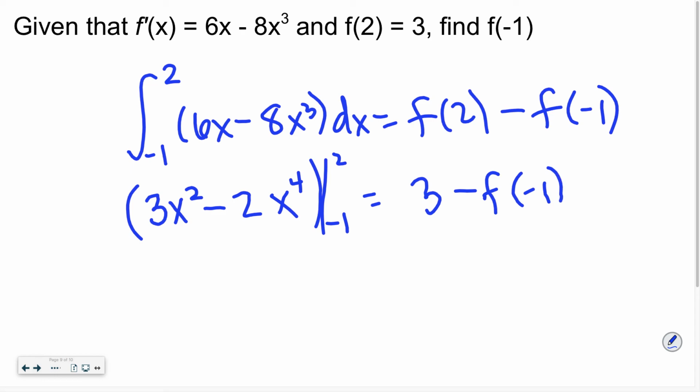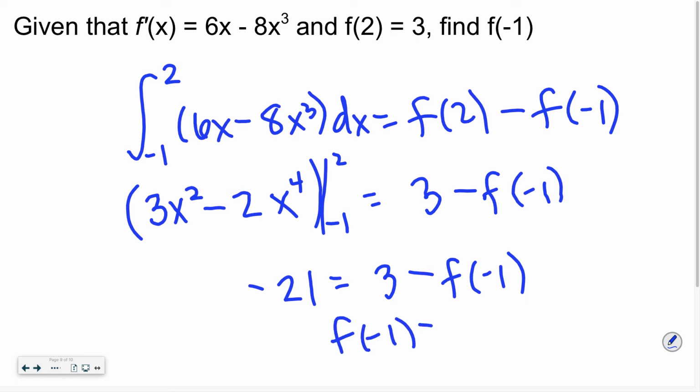What do you get for your definite integral over here? -21. So we have to subtract the 3, but then this is negative, so we have f of -1 is 24.